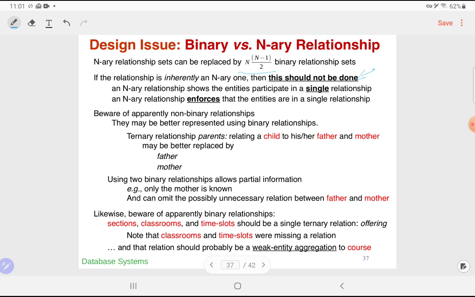An n-ary relationship enforces that the entities are in a single relationship. If that is broken down into a series of binary relationships, the only enforcement that is possible is if you add that enforcement by other means. This is folly. You are going to forget to do it.